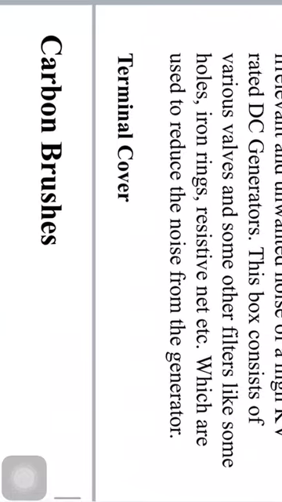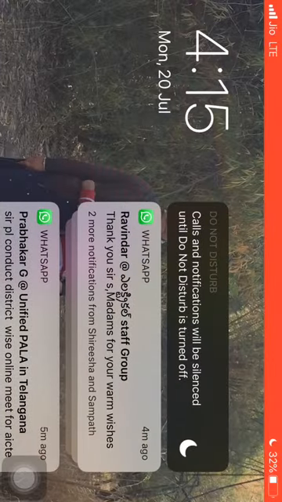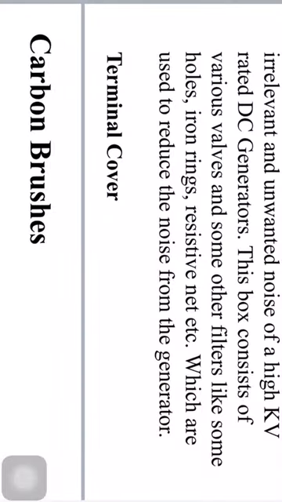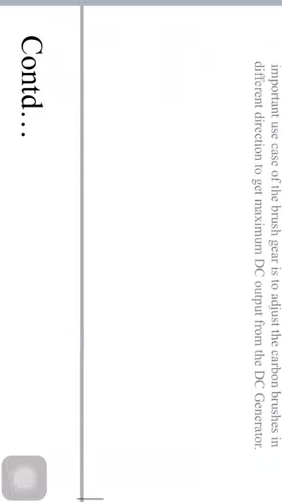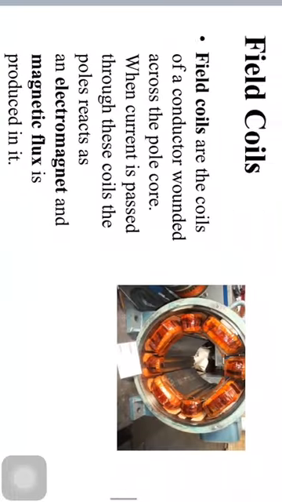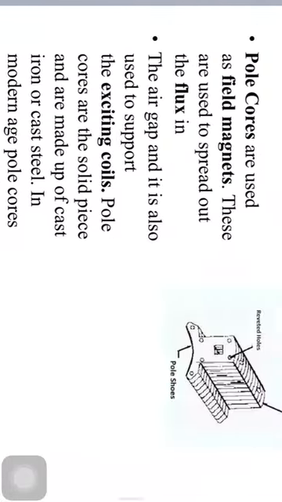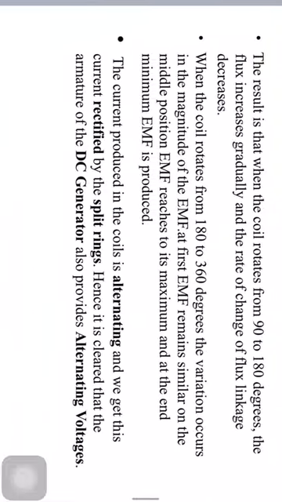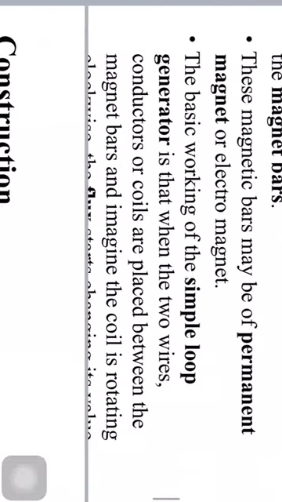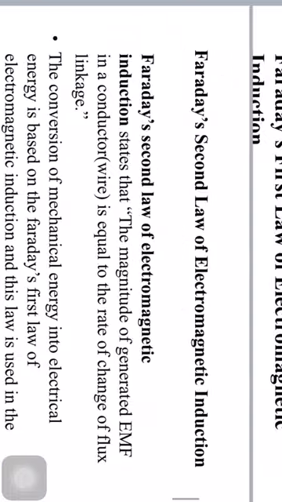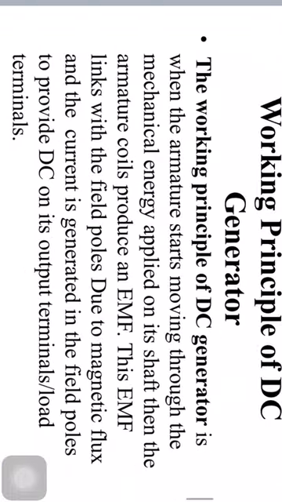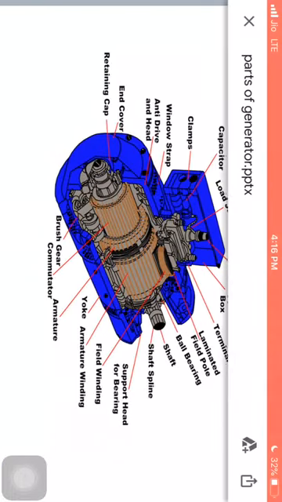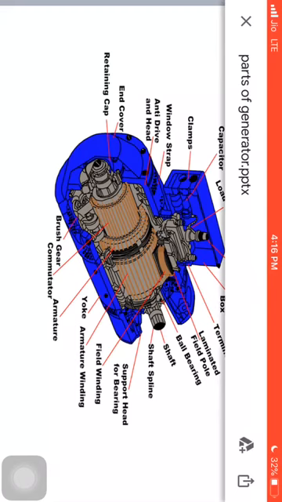And if you see again the main parts of a DC generator, here you can see the bearing support head.